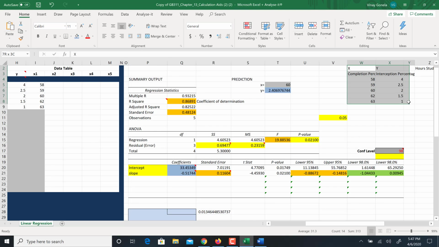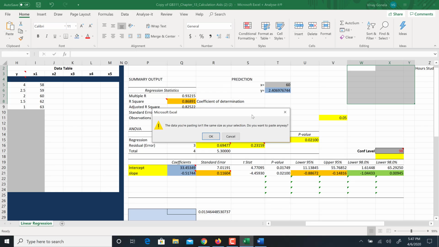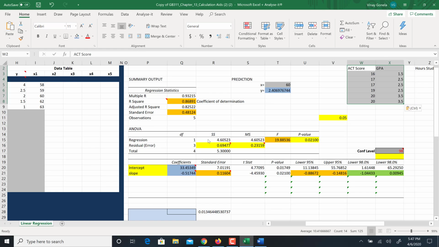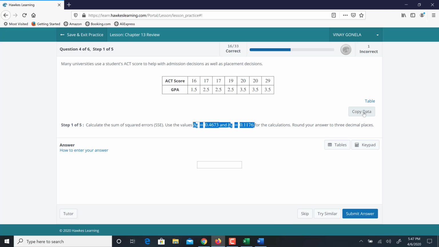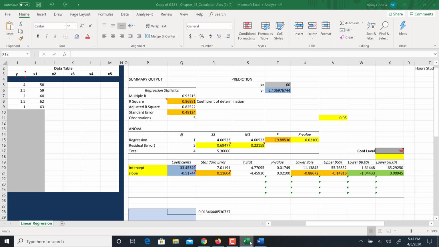So let me delete this and copy this data again and paste it here. So I have GPA.